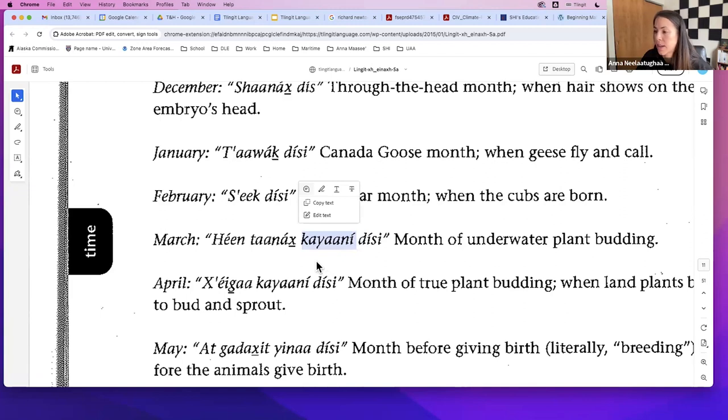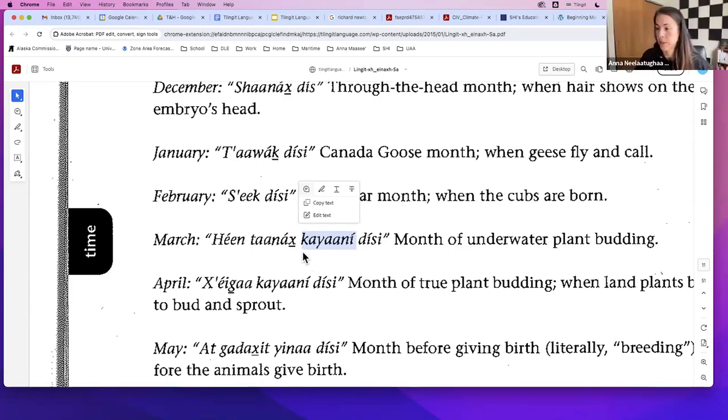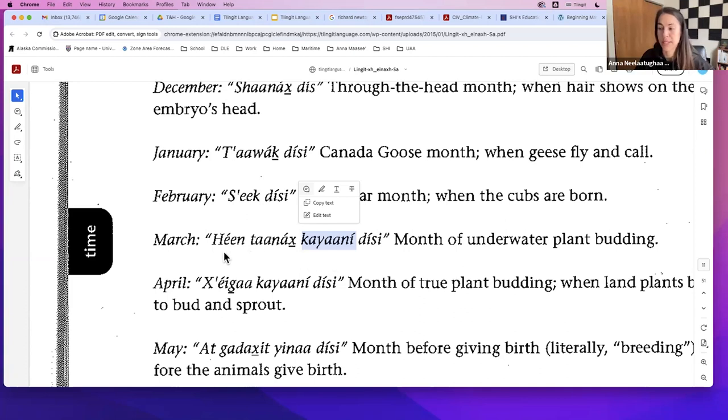Repeat this one after me. Kayani. Kayani. So if it was just plant month, it would be these two words together. Repeat these after me. Kayani Disi. Kayani Disi.